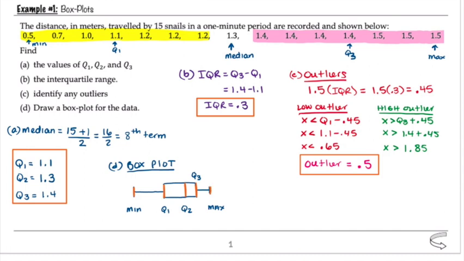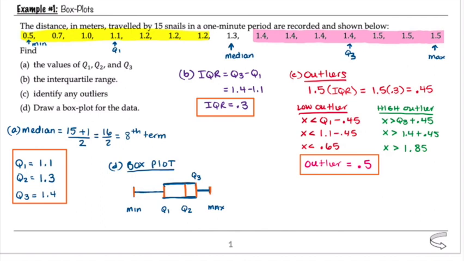I connect my first, second, and third quartile by creating this box, and I create the whiskers by expanding from that box to the min, from that box to the max, or from the quartiles, the lowest quartile and the upper quartile.